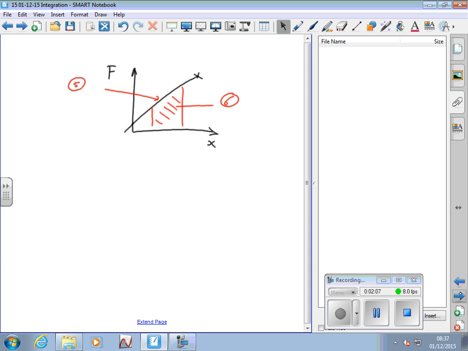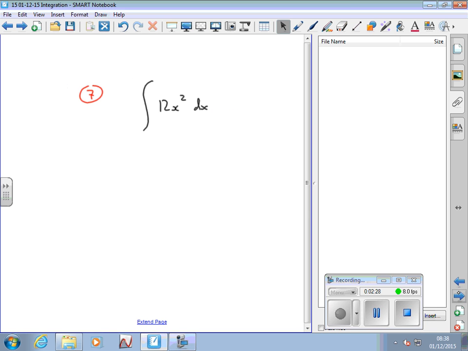Again, number five, what does the gradient of that line tell us? And number six, what does the area underneath that line tell us? And finally, number seven, you have done integration before. That's asking you to integrate that function, 12x squared, with respect to x. So can you remember what the solution is, or what to do?